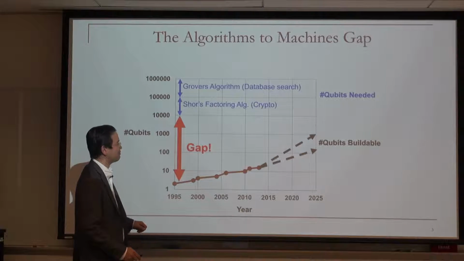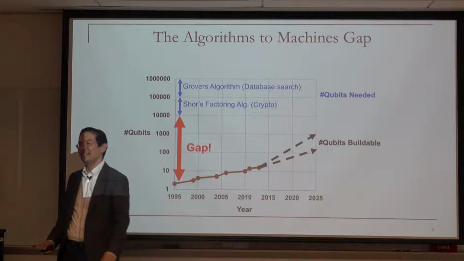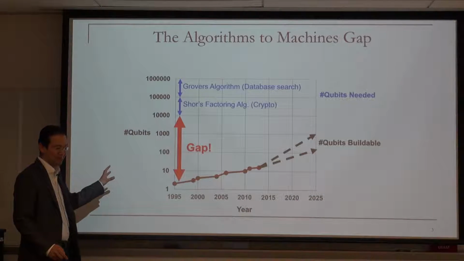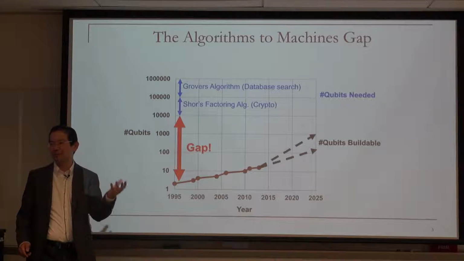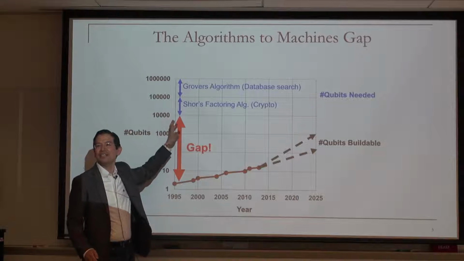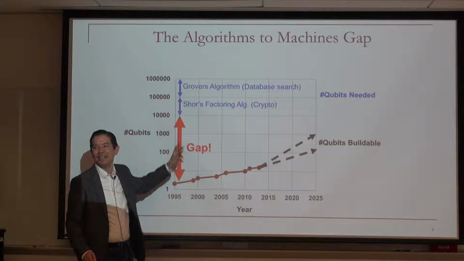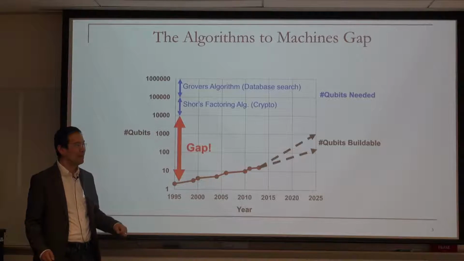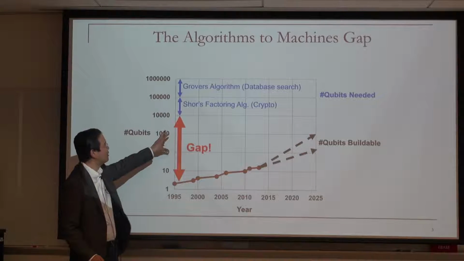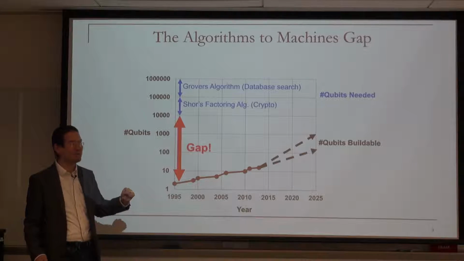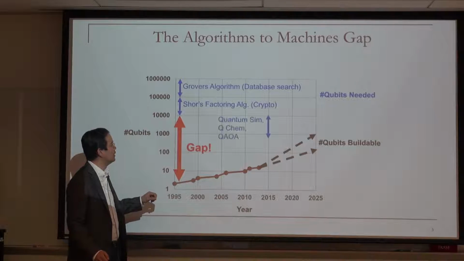That being said, the emphasis of our project, and I think of many people around the world, is this issue: if we look at the algorithms that we traditionally care about and the machines that we can expect in the next 5 or 10 years, there's quite a large gap in terms of qubit count.